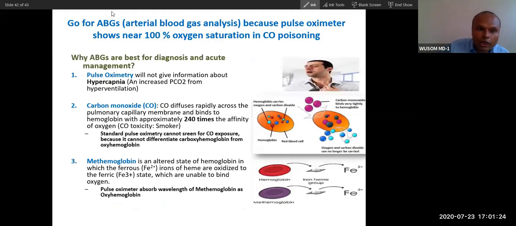In place of pulse oximetry, we do arterial blood gas analysis. These are the drawbacks of the pulse oximeter. You can read them yourself. Carbaminohemoglobin, carboxyhemoglobin, hypercapnia and methemoglobin cannot be detected by pulse oximetry.